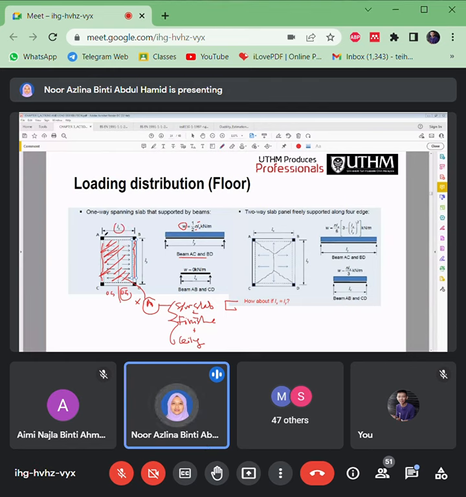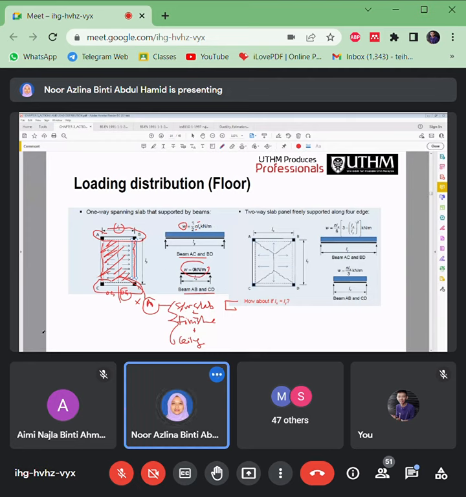How about for beam AB and beam CD here? There's no load transferred to it, right? There's no slab distribution transferred to beams AB and CD. So that's why W is 0.